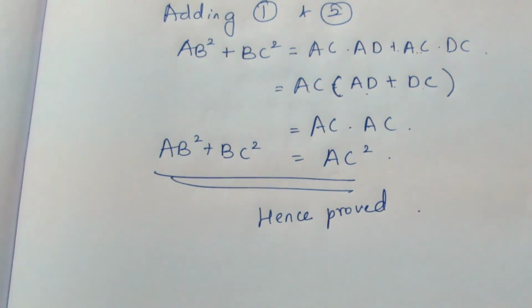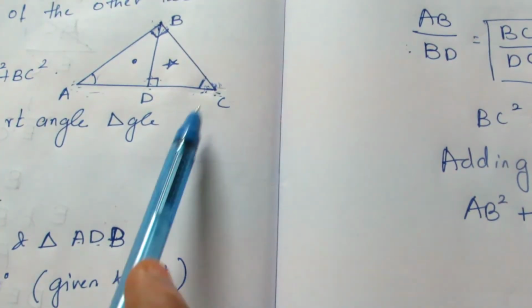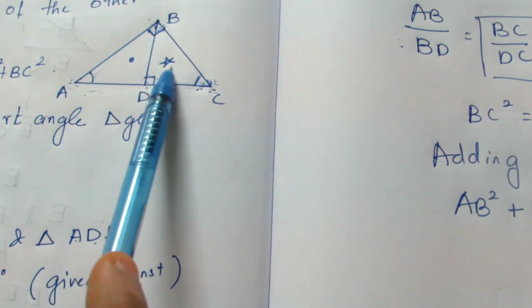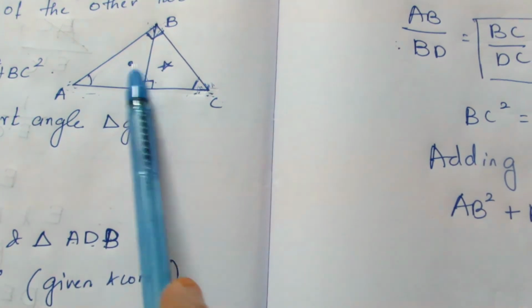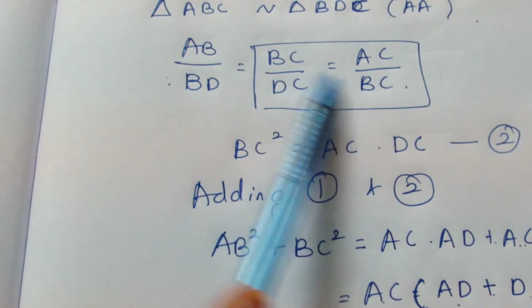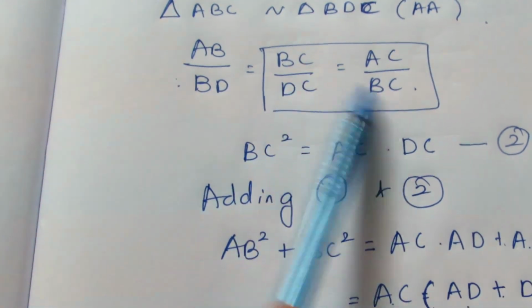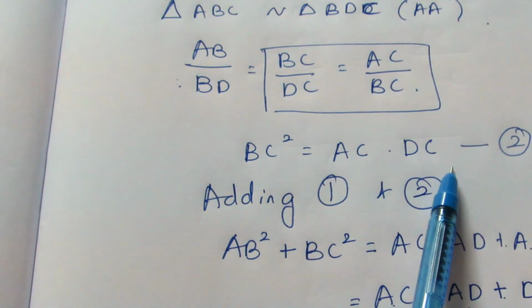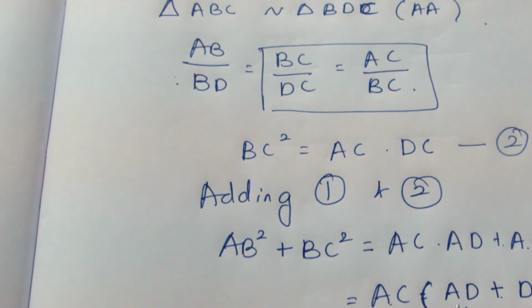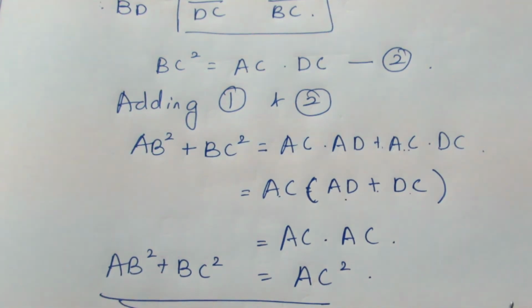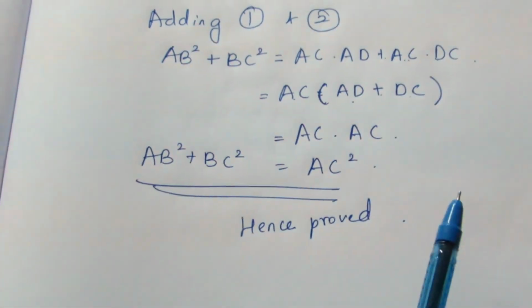In the same way, we prove the other smaller triangle with the bigger triangle similar, write the sides proportional, and cross multiply, and it becomes BC square equal to AC into DC. Adding equation 1 and 2, we can easily solve by taking the common element outside. We can solve the Pythagoras theorem.